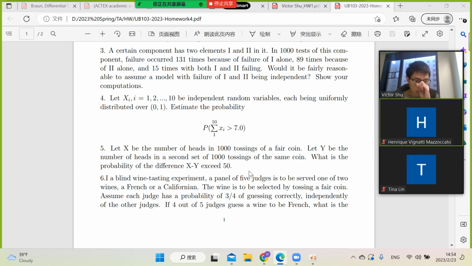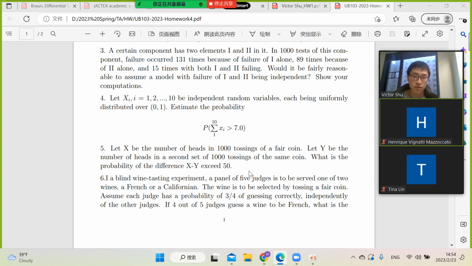Now, we could first calculate the expected value of x minus y, using a formula: the expected value of a minus b as a whole equals the expected value of a minus the expected value of b. So here your expected number of x is 500, because it tosses 1000 times with a probability 1/2 of success to get a head.